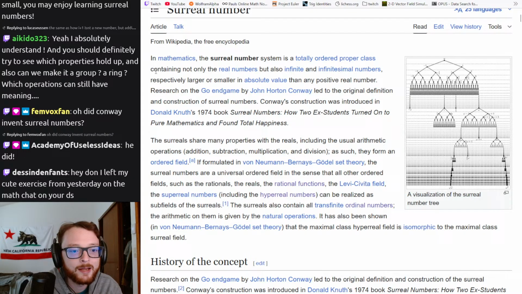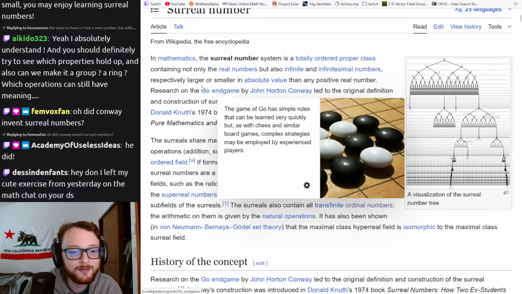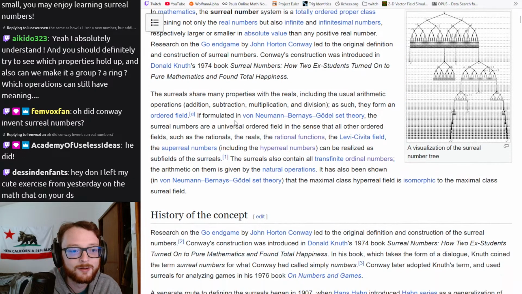Totally ordered proper class containing not only the real numbers, but also infinite and infinitesimal numbers. Interesting. This came from research on the Go endgame? Wow. Interesting. How two ex-students turned on to pure mathematics and found total happiness. That's pretty rare. Getting into pure math and finding happiness. So I feel like that's rare.